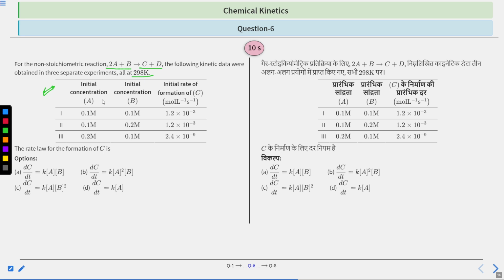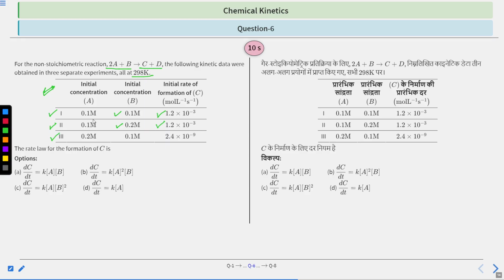So the initial concentration of A is 0.1, and the initial concentration of B is 0.1. The initial rate of formation of C is coming out as 1.2 times 10 to the power minus 3 mole per liter per second. Then we take the initial concentration of A as 0.1 molar, B as 0.2 molar, and the rate of formation of C is 1.2 times 10 to the power minus 3.